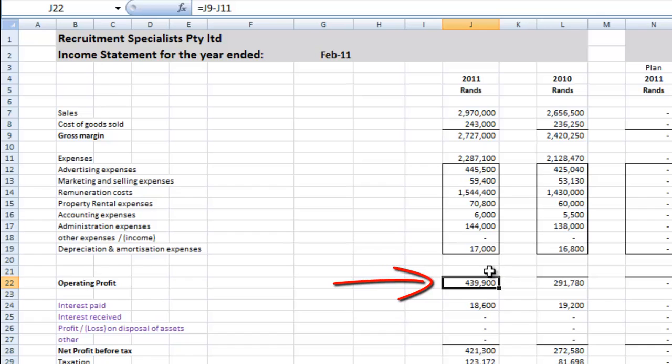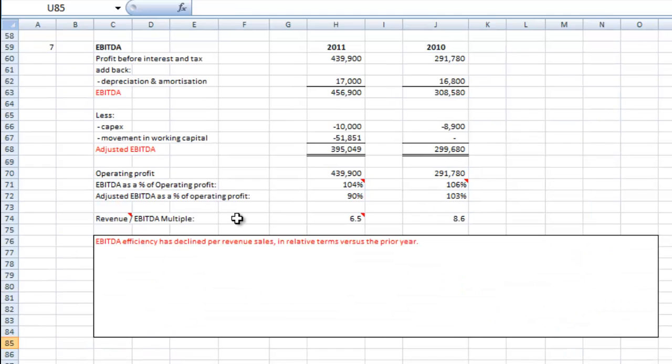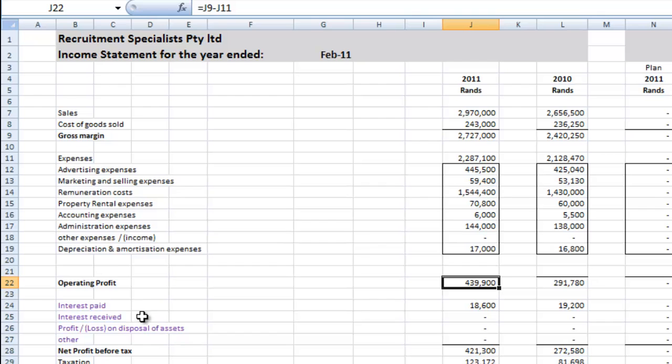Operating profit happens to be the same thing as profit before interest and taxation. So I take my 439,000, which I have there, and I add back depreciation and amortization, if any. In this business, we've got 17,000 for this year of depreciation. Because remember, in getting to this number, profit before interest and tax, that is net of depreciation. Let's go and check it out on the income statement.